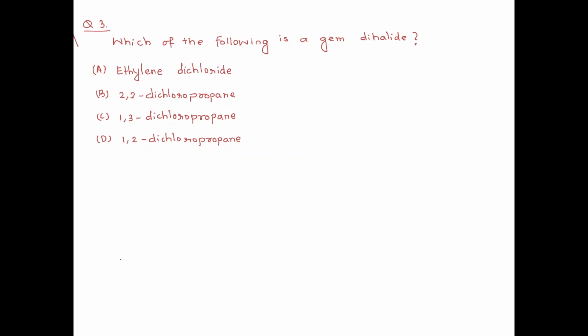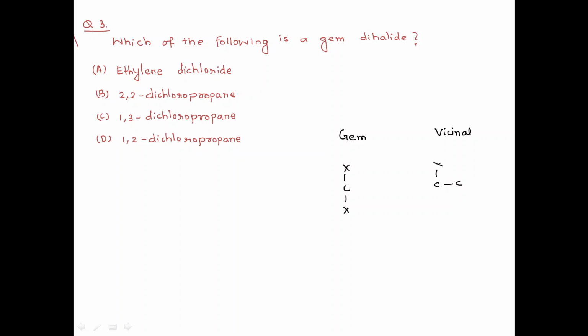Okay, so after that, question 3, which is a pretty straightforward one. They say which of the following is a gem dihalide. So you have to know first what a gem dihalide is and what a vicinal dihalide is. Please try to remember that a gem dihalide is one where a carbon has two same groups; if a compound has the same group on a particular carbon, then that is called gem.